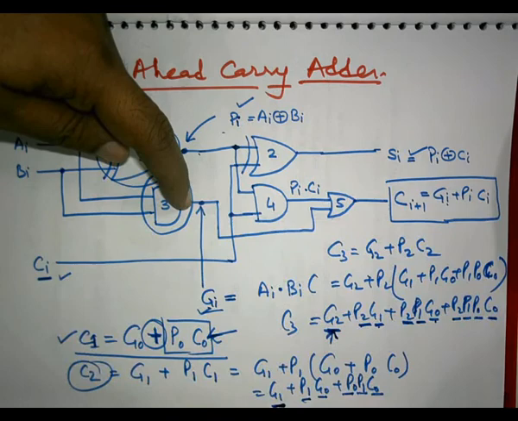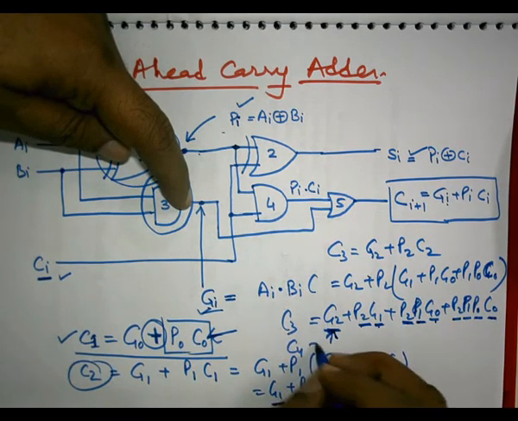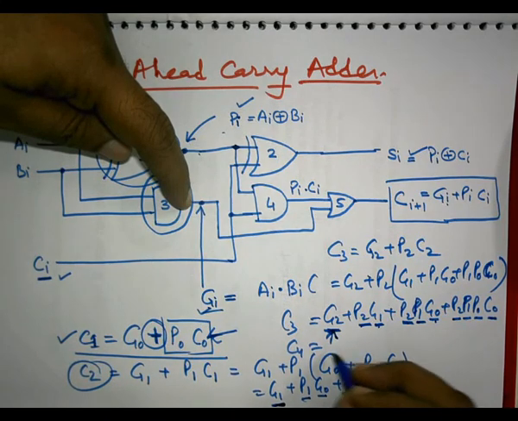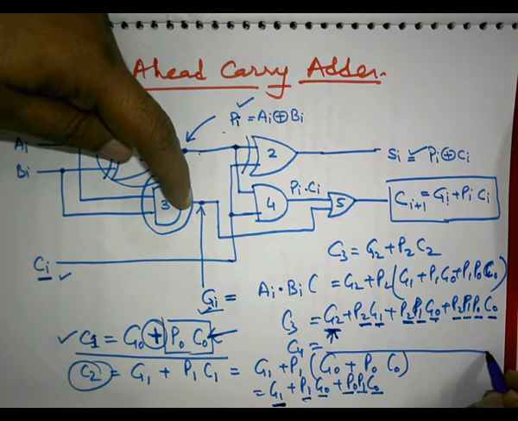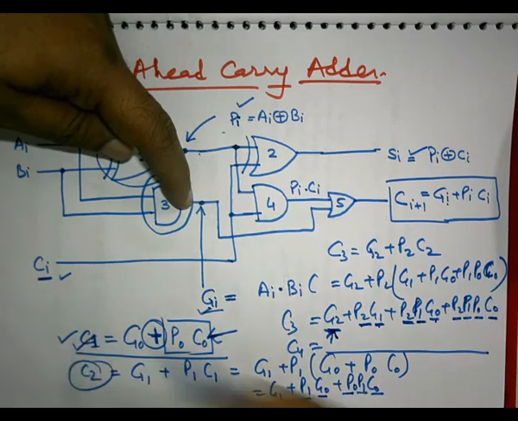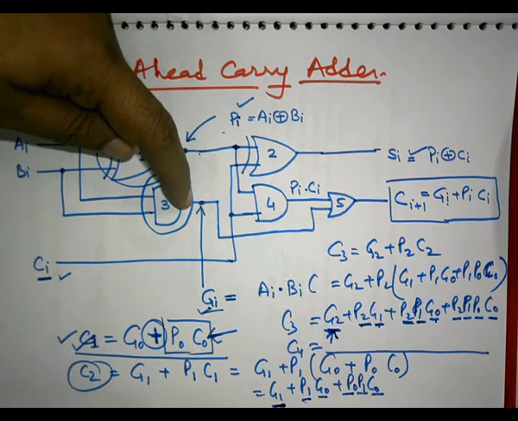So you don't have to wait for any extra time, as it was needed in your parallel adder. Similarly you can observe for C4. C4 will also be generated at the same time when C1 was generated. There was no additional wait time required.